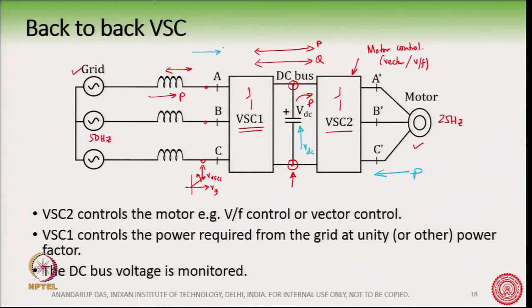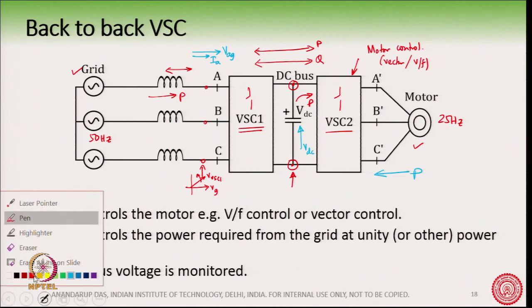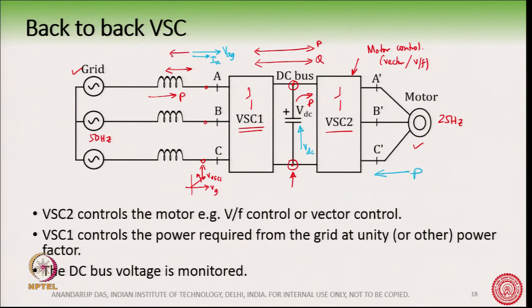So, suppose the VAG and IA current was something like this previously. Now, what will VSC do? VSC will make the current like this. It will reverse the current.